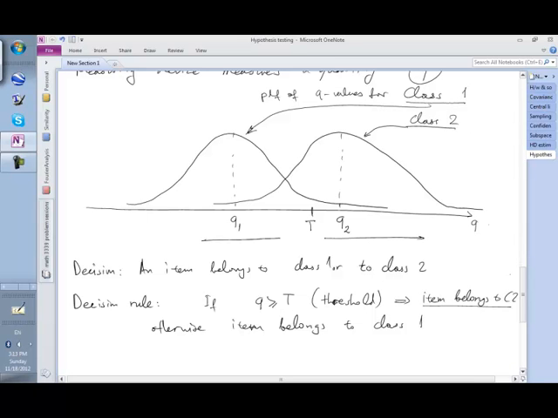Then this you can call the rejection region, which is more compatible with hypothesis testing, and this is the acceptance region. This choice corresponds to class 1, or so we hope, and class 2. So this is the parallel you should draw for the two classes.